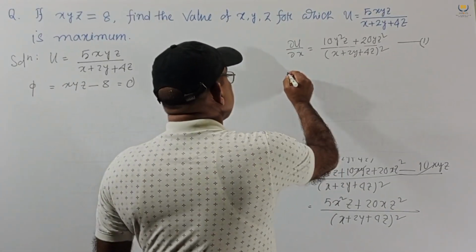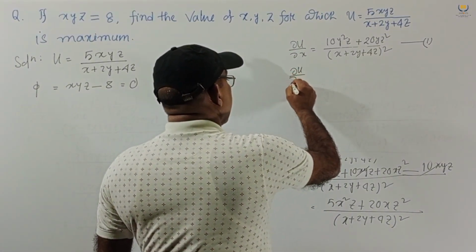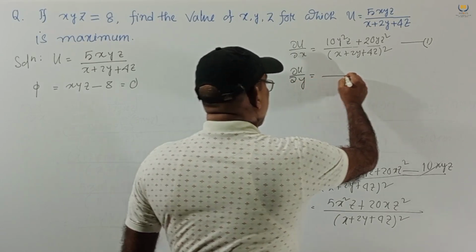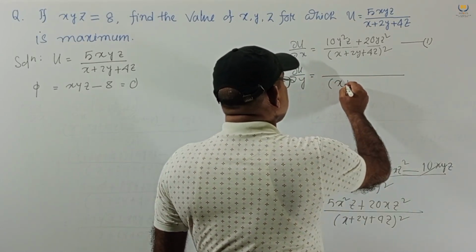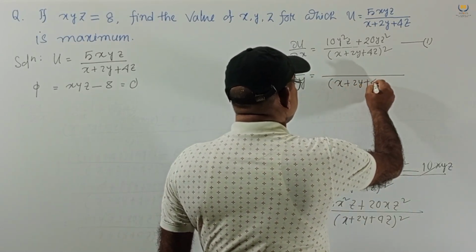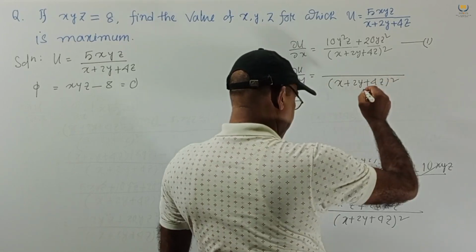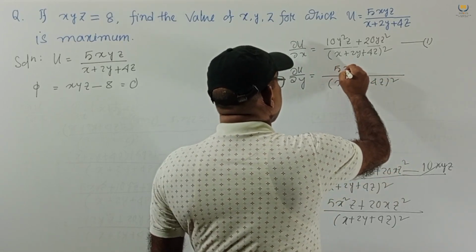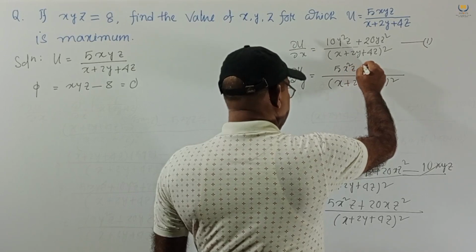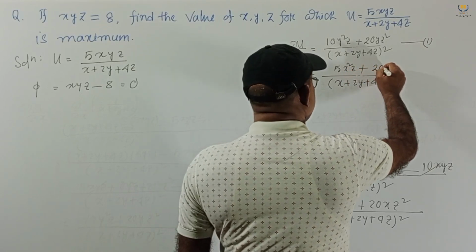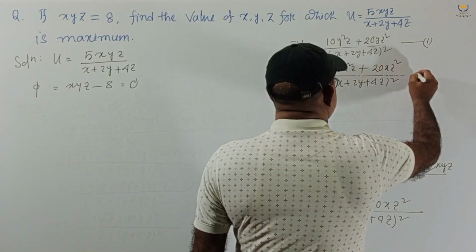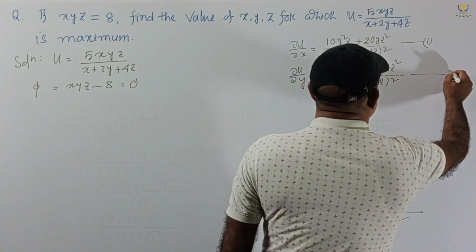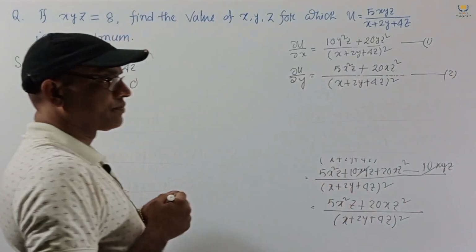So rewriting this line, del u by del y equals 5x square z plus 20xz square over x plus twice y plus 4z whole square. This is number 2.